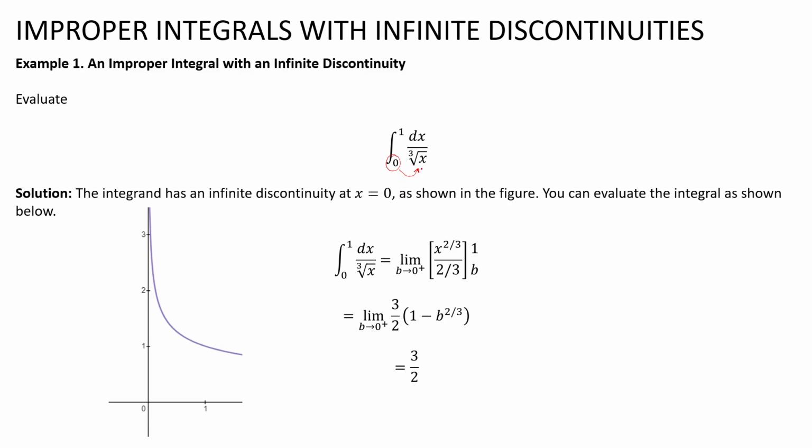If I try to plug in 0 on the denominator, I'm going to have the cube root of 0, and then 1 all over 0 is called indefinite, right? If I try to plug in 1, the cube root of 1 is still 1. So I'm going to have a value for this one. So this one is continuous. This one is discontinuous at the lower limit.